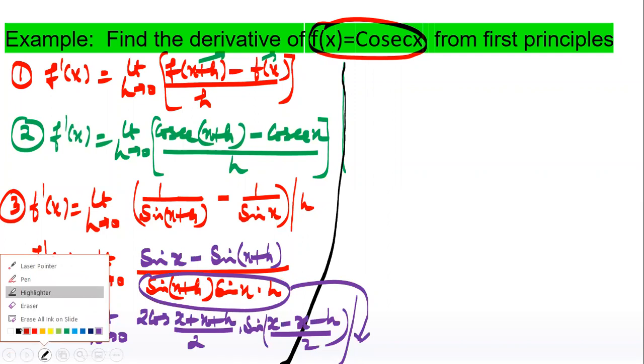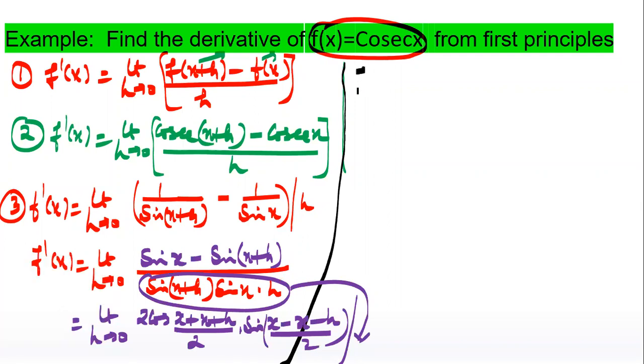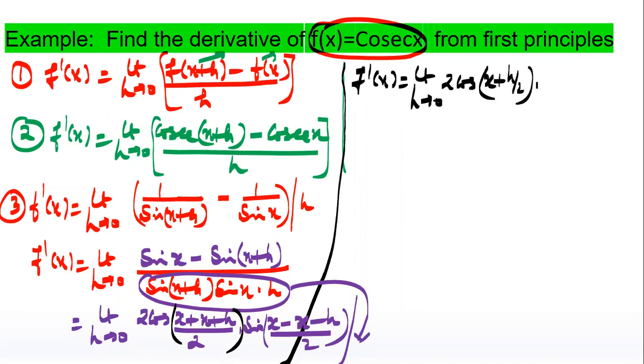Now the next step, simplifying it more, limit h tends to 0, it will become 2 cos((x+h)/2) into limit h tends to 0.